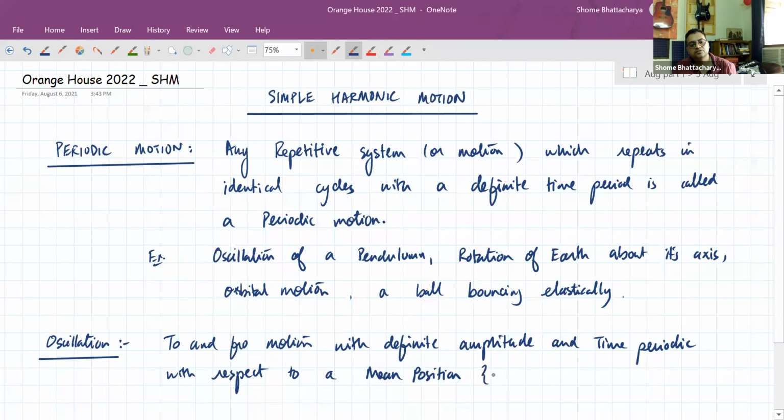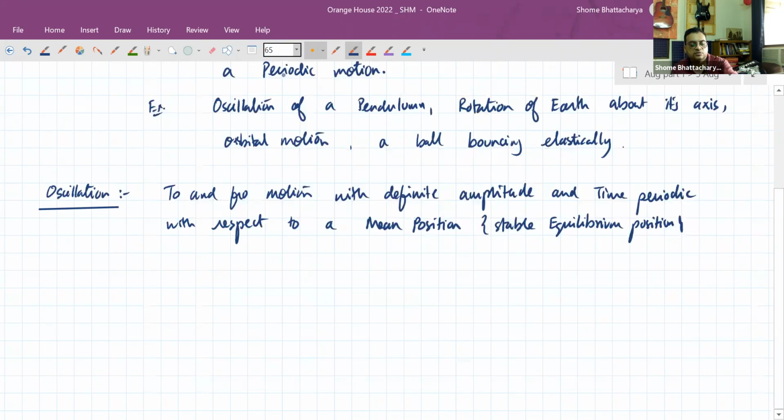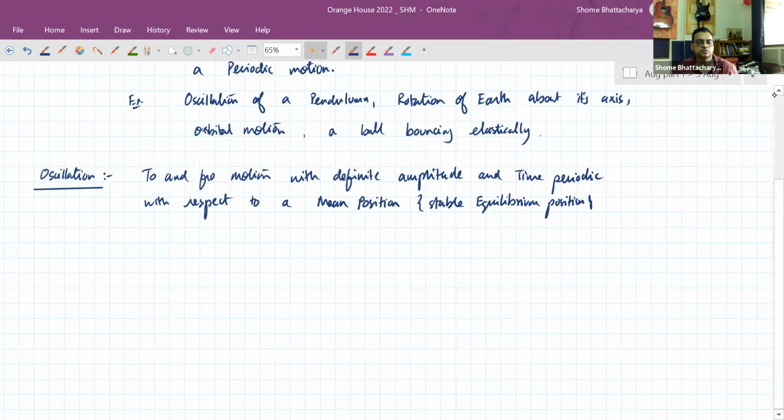So mean position is in fact the stable equilibrium position. So that is the subcategory of oscillation, which is obviously a periodic motion.